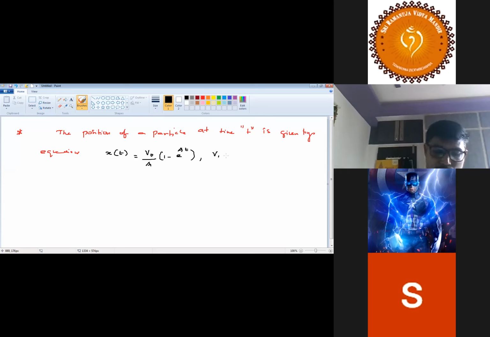V naught is a constant and a is greater than 0. Find the dimensional formula for v naught and a.